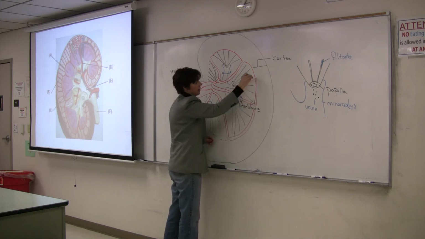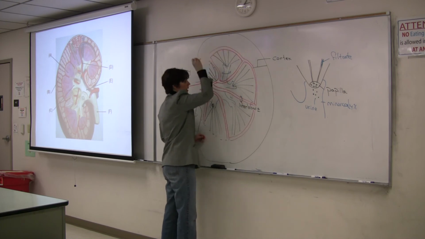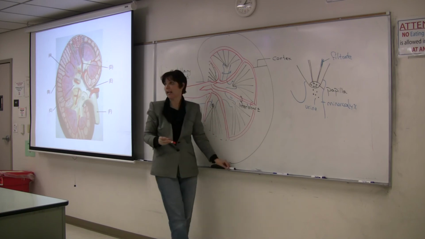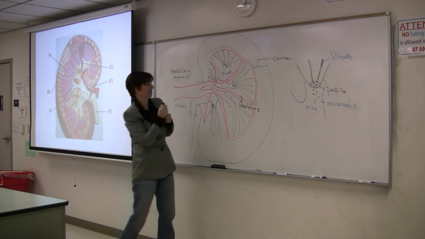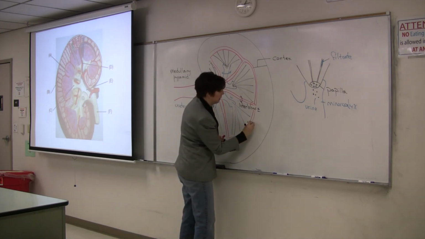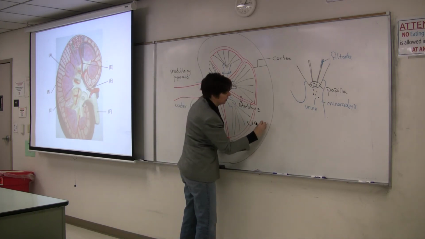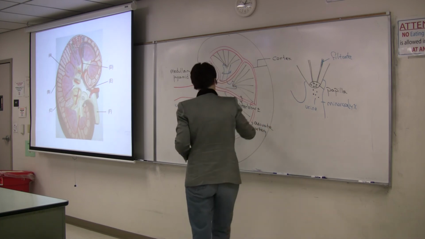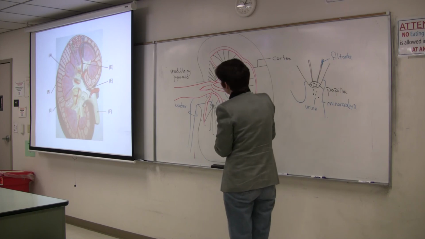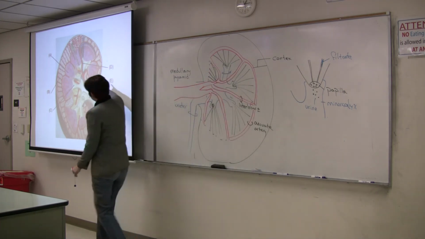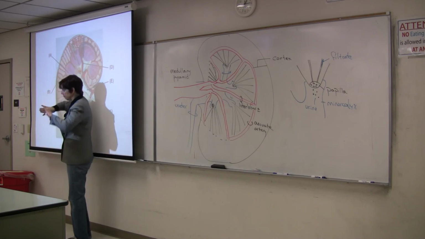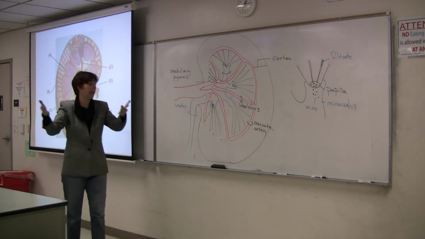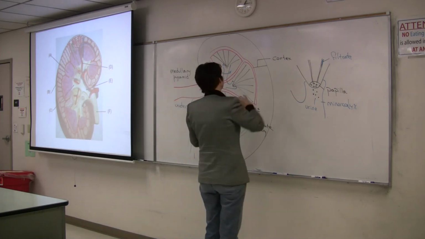And because this forms an arch, it's identified as the arcuate artery, which you should remember because it's ARC. Okay? From each arcuate artery, so again on our model, that would be right here, right here, right here, forms an arc. Okay? So arcuate artery.